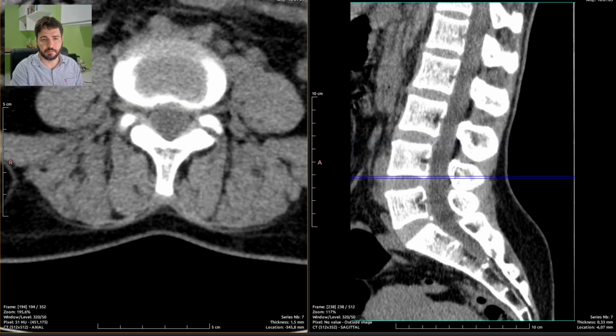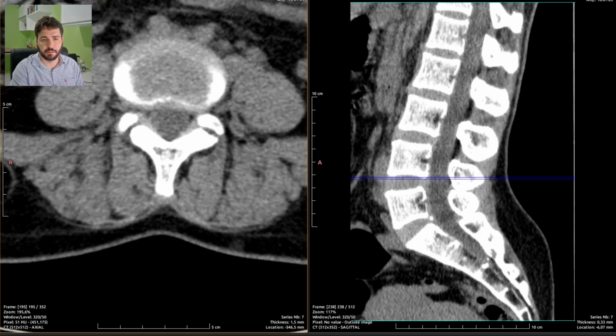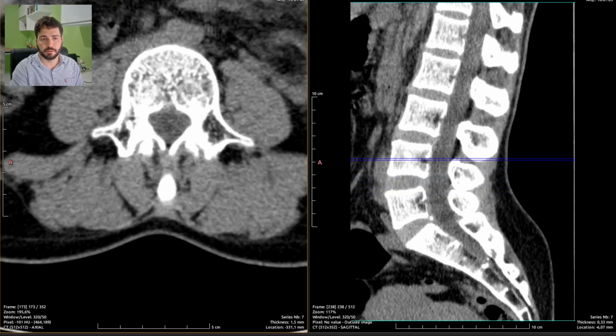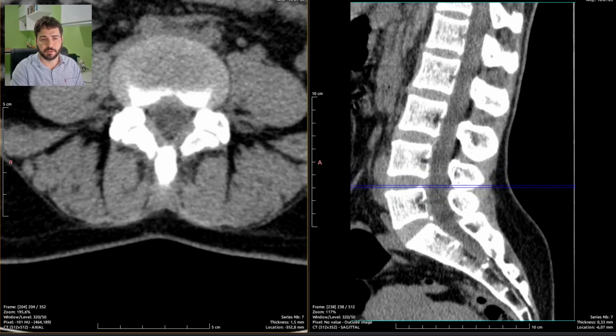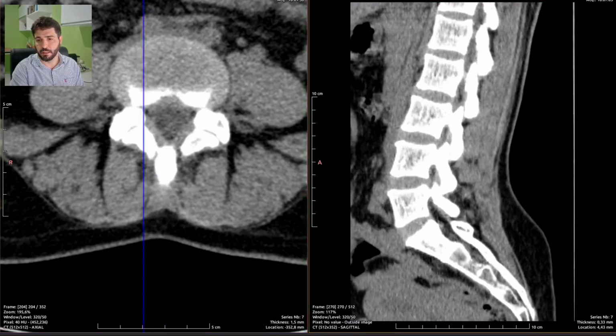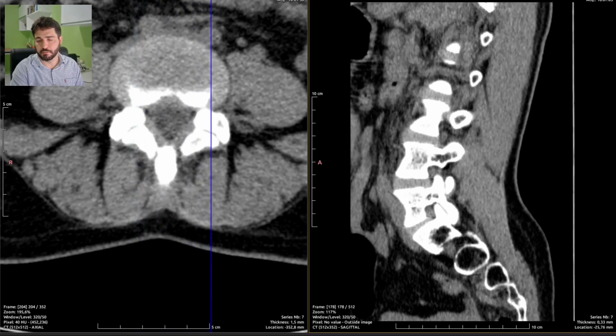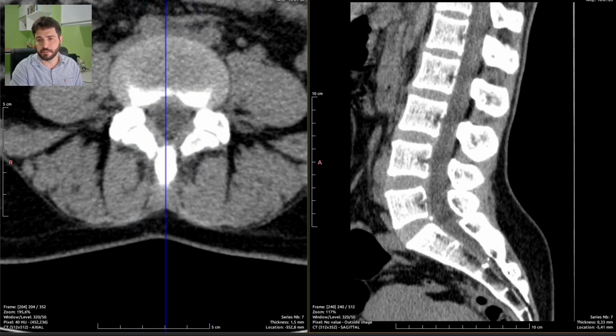I could just tell this is tiny and has some expansive effect, some anterior compression on the spine, which would help us justify the thickening and the reduced size of the neural foramina. So let's go with that.